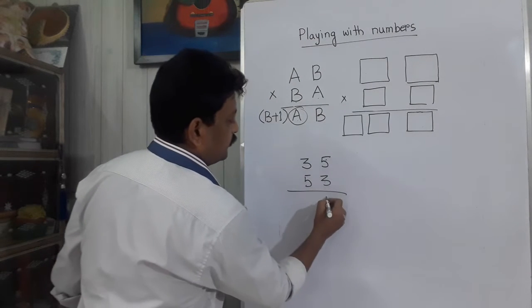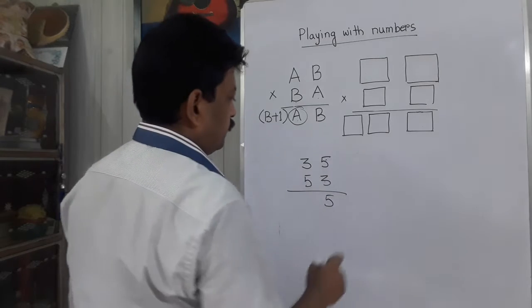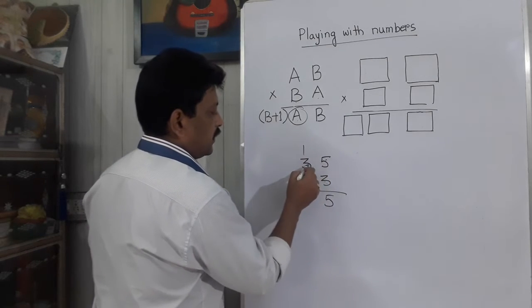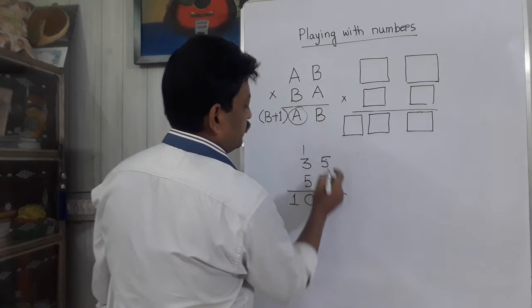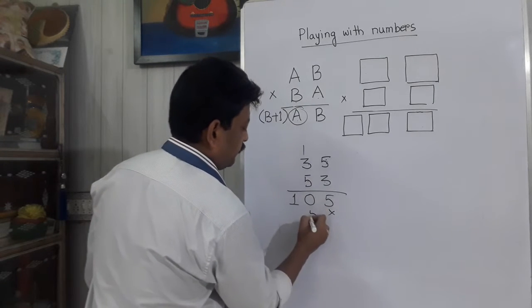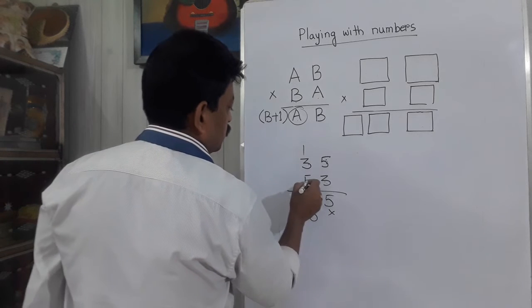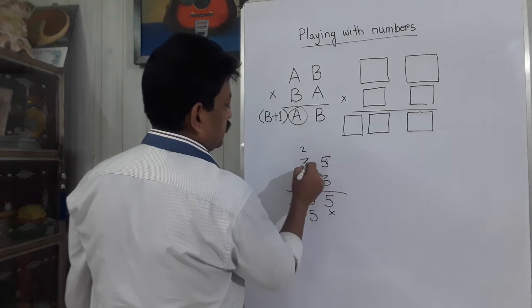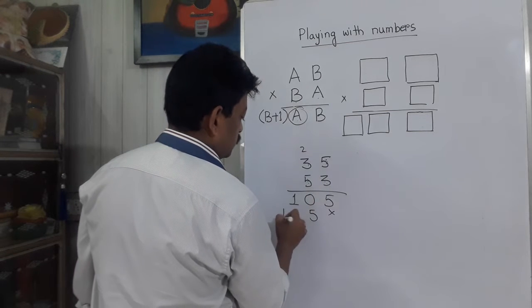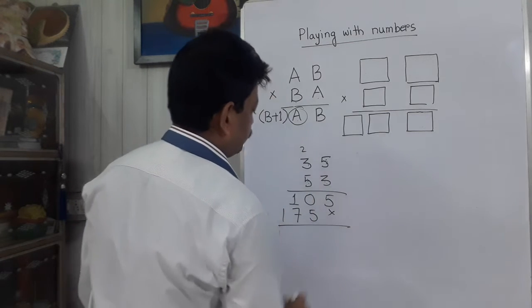So 3 5s are 15, carry over 1, 3 3s are 9 plus 1, 10, 5 5s are 25, balance 2, 5 3s are 15 plus 2, 17.